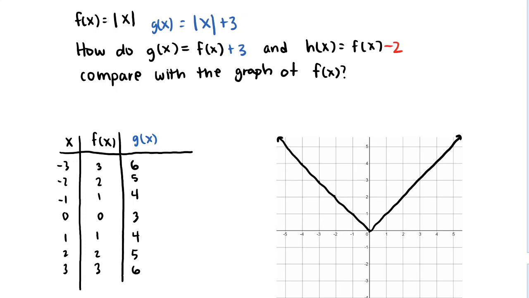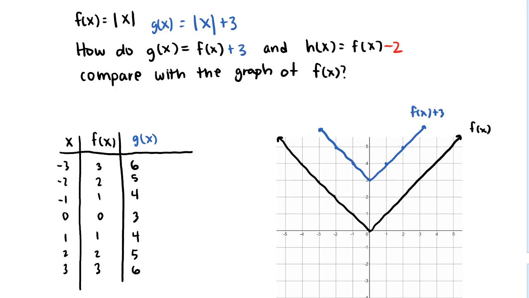Adding on 3 to the output is telling us that that point is going to be 3 units higher on our coordinate plane. So here I can see the points on this new function. It's 3 units higher in comparison to my old function. So here this is f of x, and this is the function f of x plus 3.